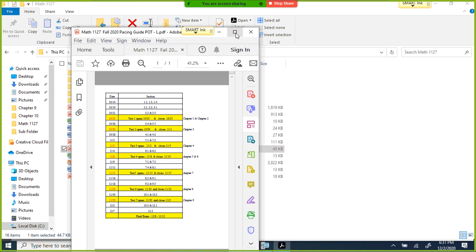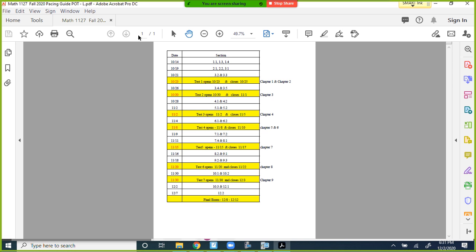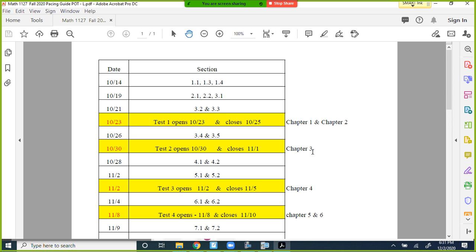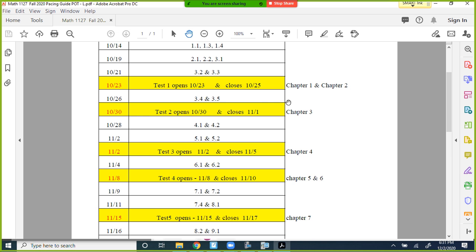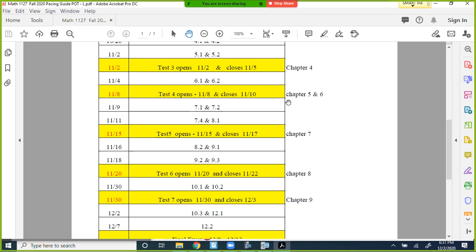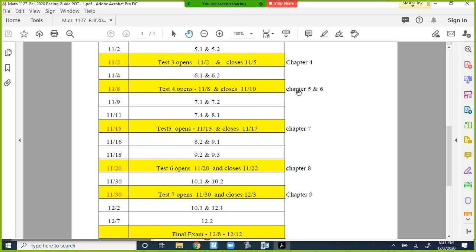If you go to this pacing guide, blow it up, it tells you when every test is going to open and when every test is going to close. And it actually tells you over here to the right what chapters are on that test. Okay? That's called a pacing guide.